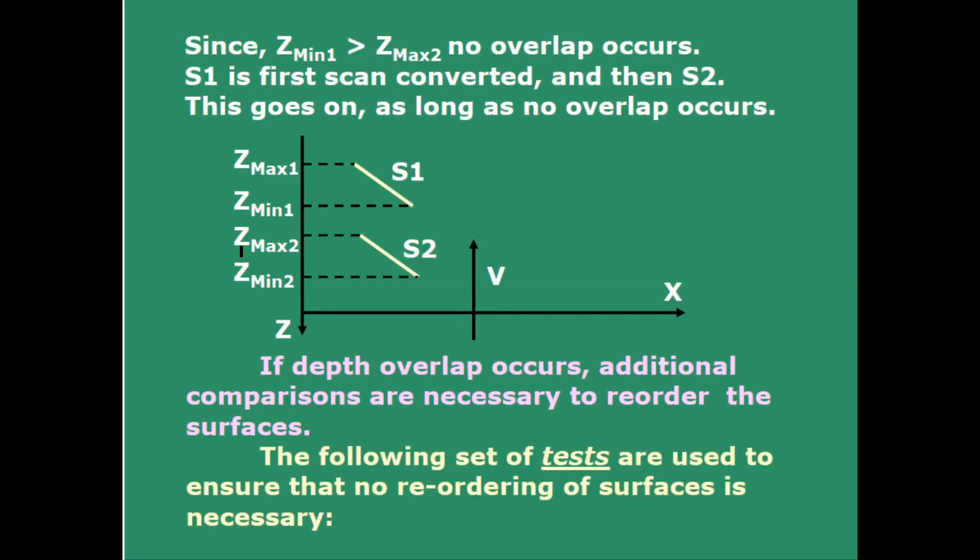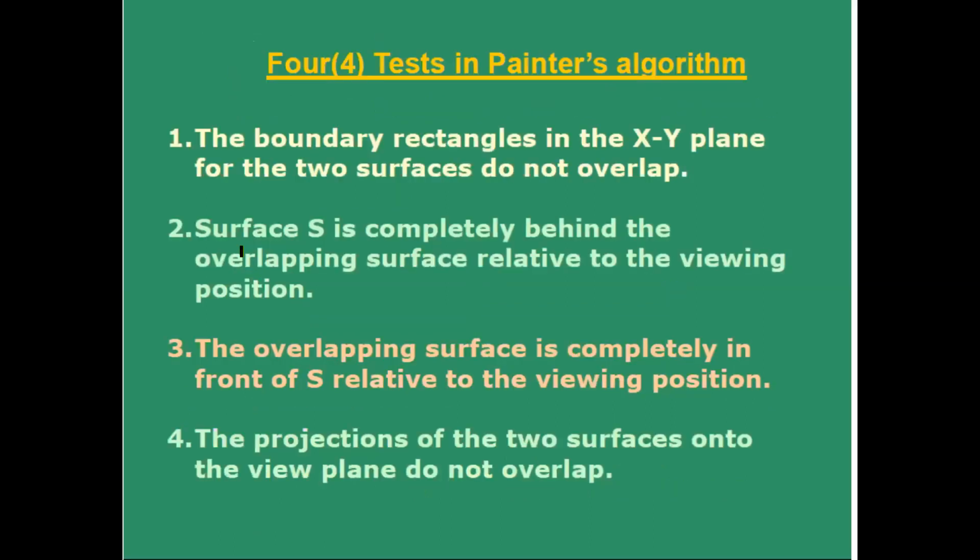We have different ways to decide which surface is in front of another and which is behind. There are four conditions that we need to check. First, the boundary rectangles in the xy plane for the two surfaces do not overlap.